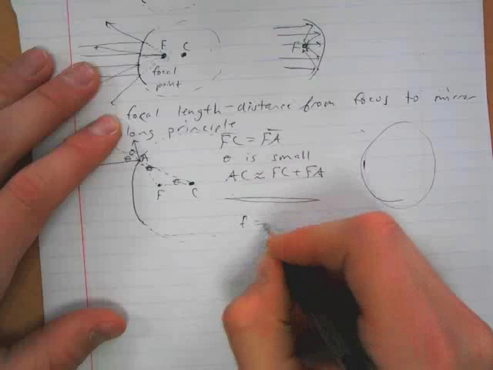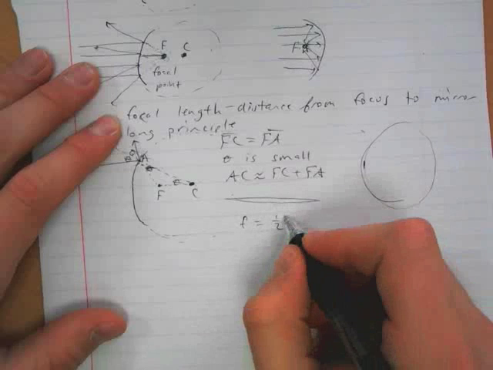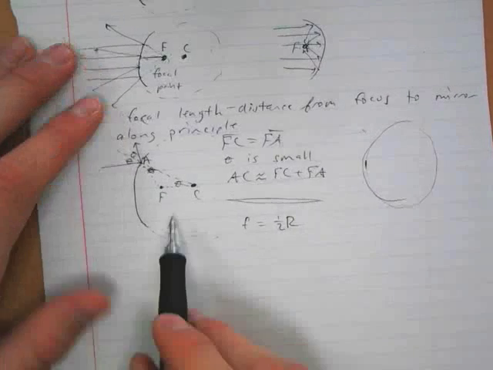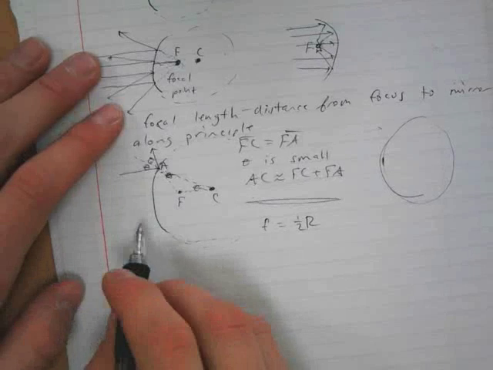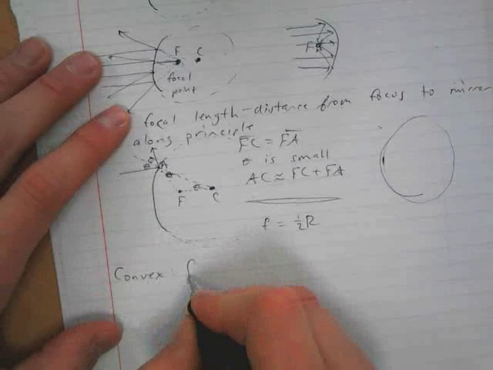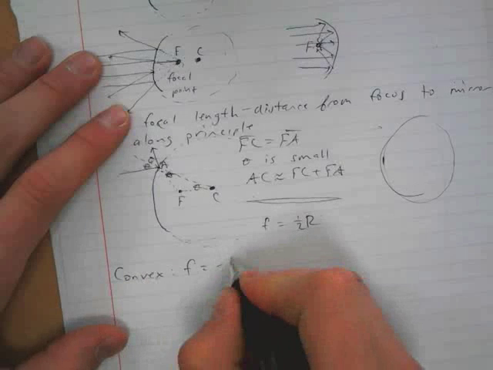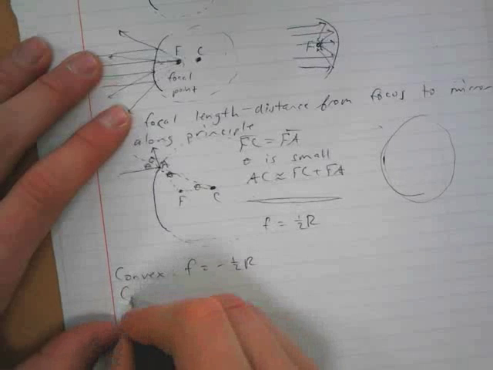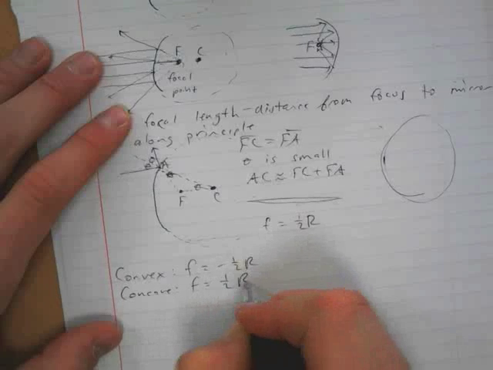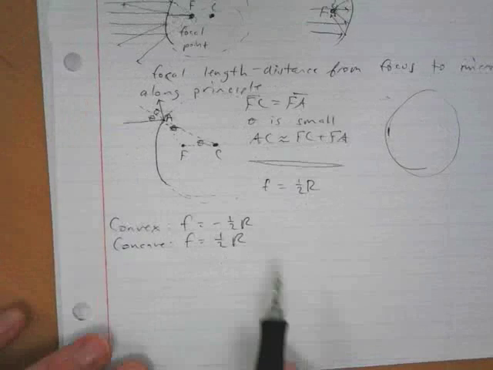So based on this approximation, we can say that our focal length is equal to half the radius of curvature of our mirror. For a convex mirror, we say that our focal length is minus 1/2 times the radius of curvature. For a concave mirror, we say that it's positive 1/2 times the radius of curvature.